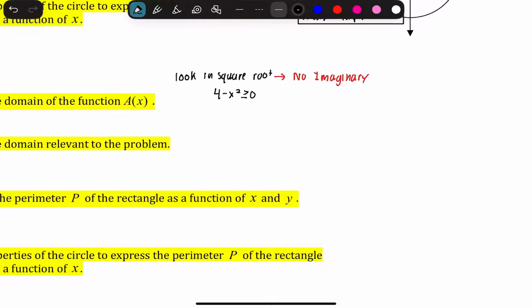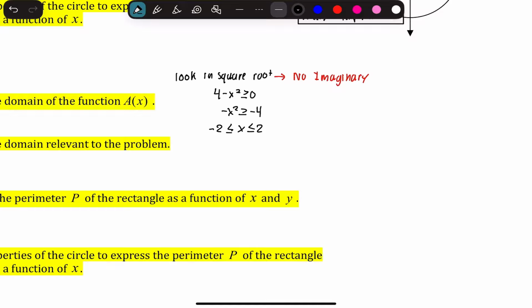So solving this, we get negative x squared is greater than or equal to negative 4, and then just divide, and then we get x is in between these two values.